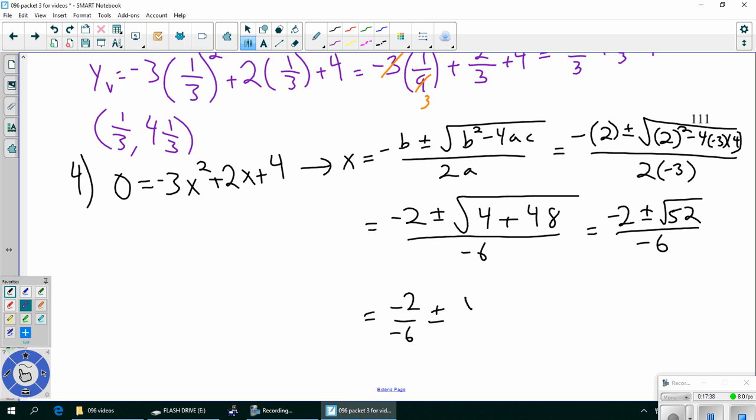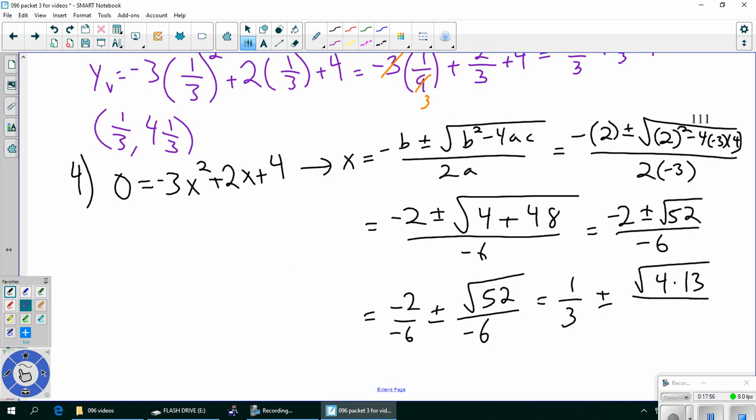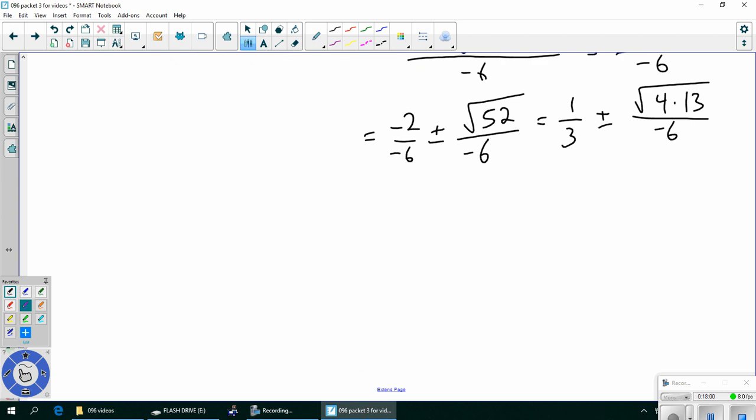So this is the part where we split into 2 fractions. That first fraction reduces as usual, 1/3. Plus minus 52 has a perfect square factor. It is 4. And then 4 times 13 gives us that 52. The square root of 4 comes outside as 2.